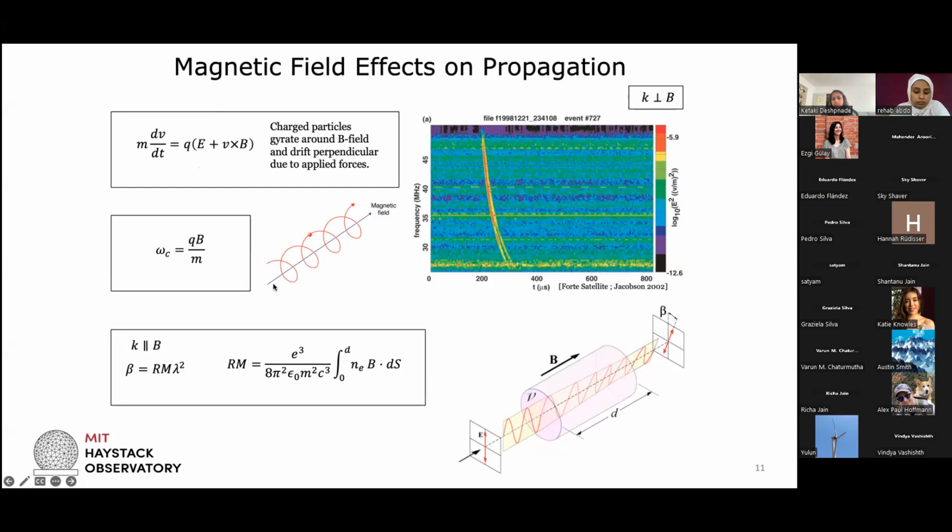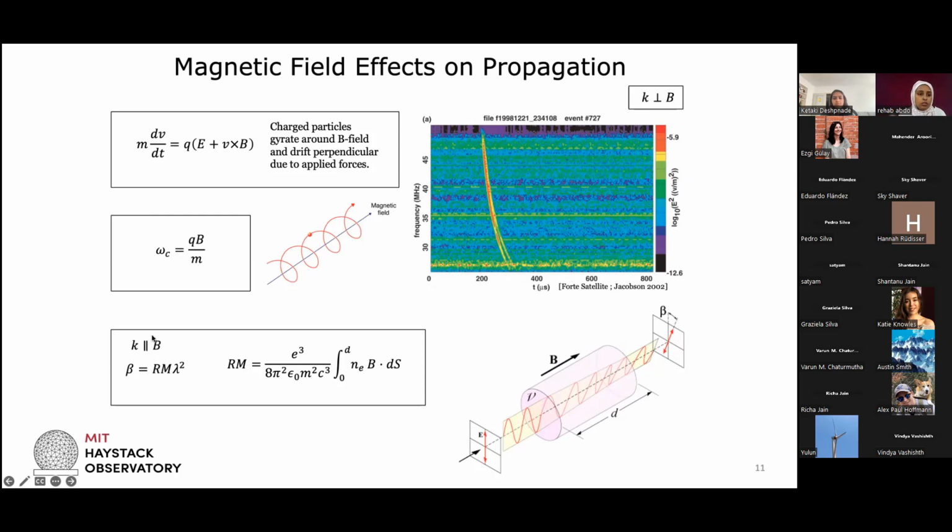Basically, if you're propagating an electromagnetic wave along the magnetic field, the electrons are going to gyrate. That's called the electron gyro frequency. If it's propagating perpendicular, they're going to have to propagate perpendicular via collisions because the particles are sort of tied to the magnetic field.